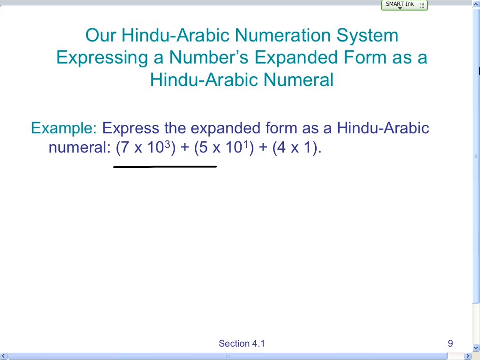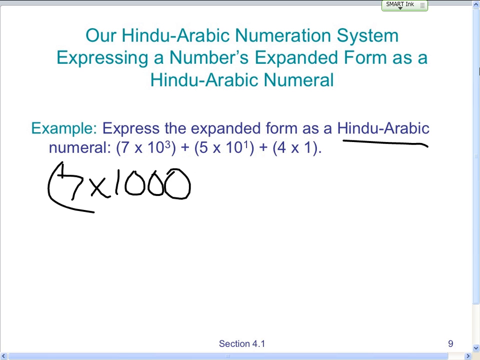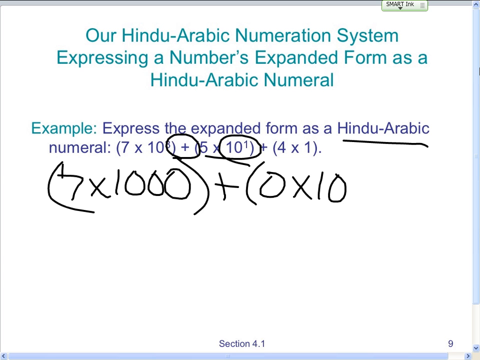Now we're going in the opposite direction. This time we want to write it as a regular Hindu-Arabic numeral. We have 7 times 10 cubed, which is 7 times 1 with 3 zeros. And notice right here, this goes down to 10 to the first power. And notice there's no 10 to the second power. So what we have is 0 times 10 to the second power. We don't have any of those.